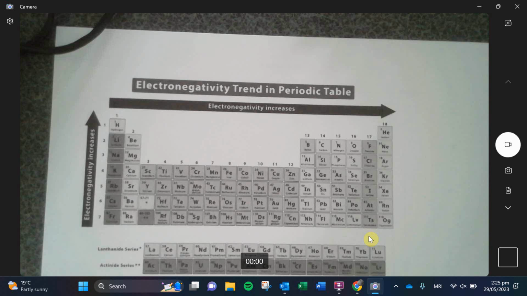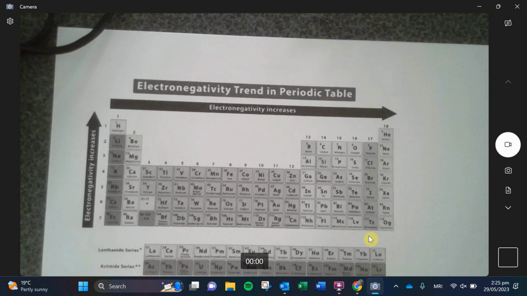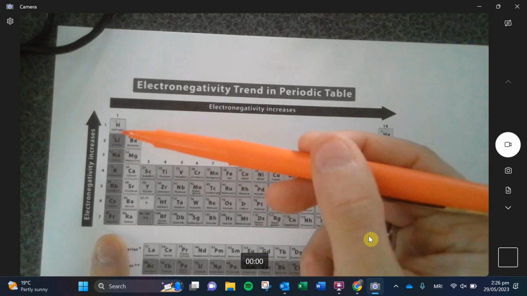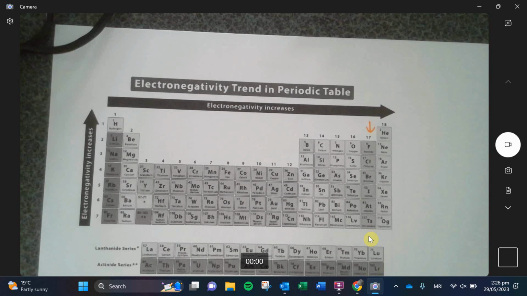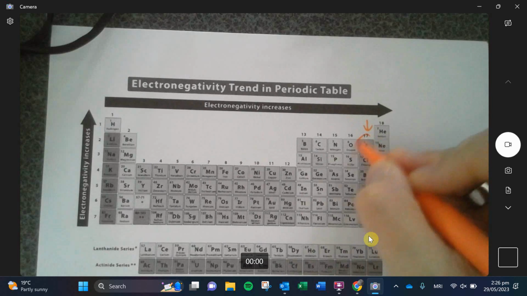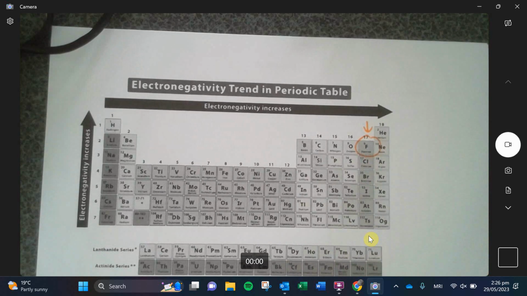Some things to keep in mind with electronegativity is that the smaller the atom is, the more electronegative it is, and the closer it is to group 17, the more electronegative it is as well. The most electronegative atom in our periodic table is fluorine, so that's the one that's going to have the strongest attraction to electrons.